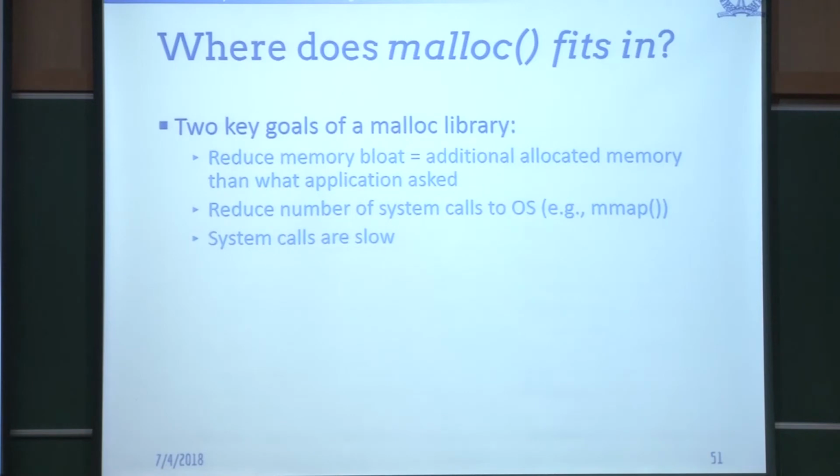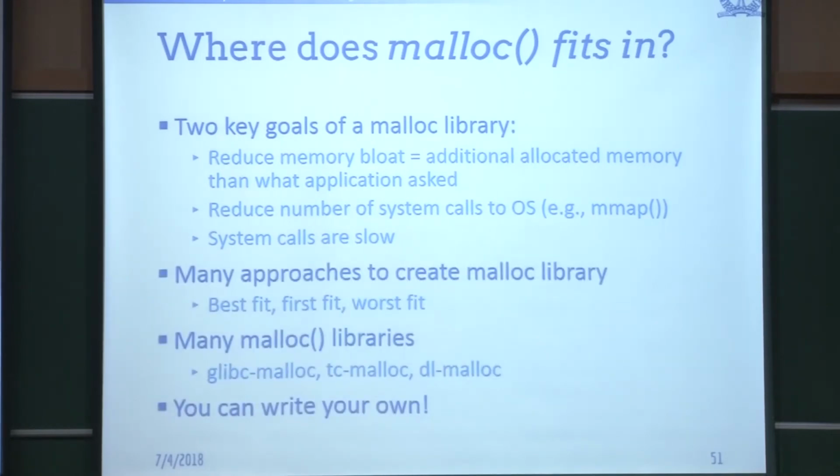Malloc is a library implemented in user land. Think of it as just a part of your code, an extension of your code. So that's much faster. That's another reason. And there are many approaches to how you manage it. I won't go into that; it is just a library.